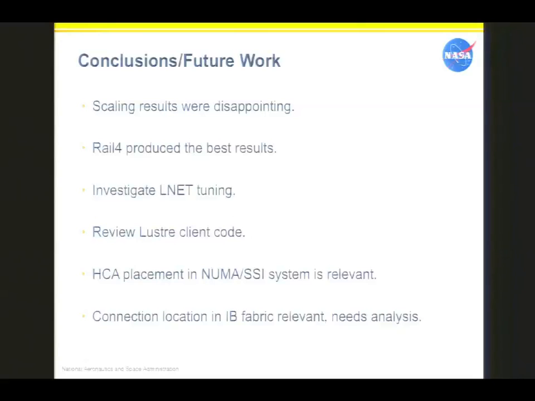HCA or InfiniBand card port placement in NUMA SSI systems is relevant. This is probably the biggest thing. We know from our experience with Columbia that where we put I/O is important in the system, physically in the system. And the connection location in the IB fabric is relevant. It needs analysis.